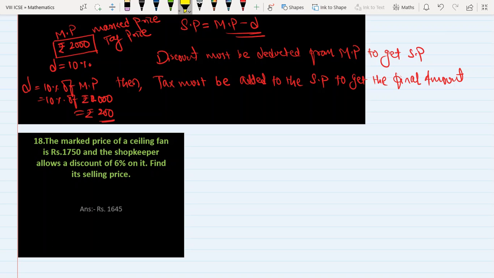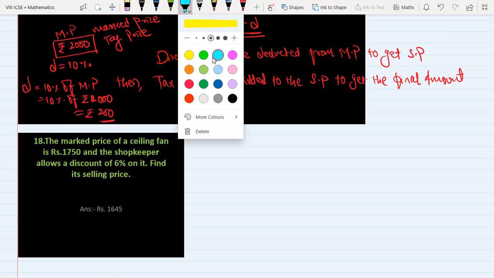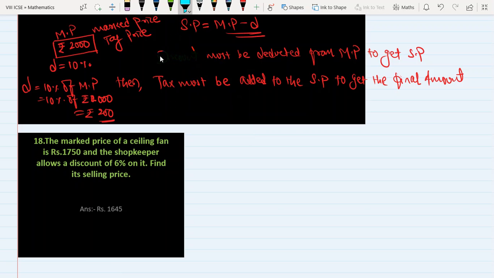That's what I have written here. Discount must be deducted from marked price to get the selling price, and then tax must be added to the selling price to get the final amount to be paid by the customer. We are going to strengthen this concept with the help of solved examples.